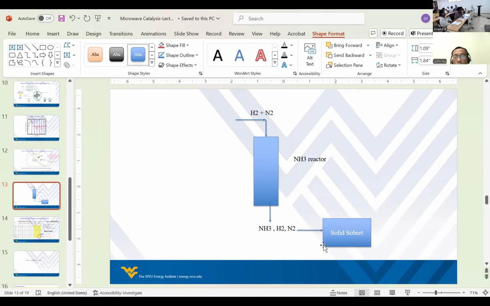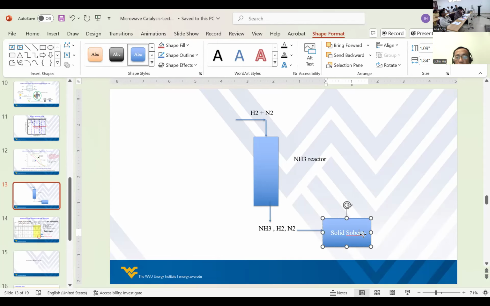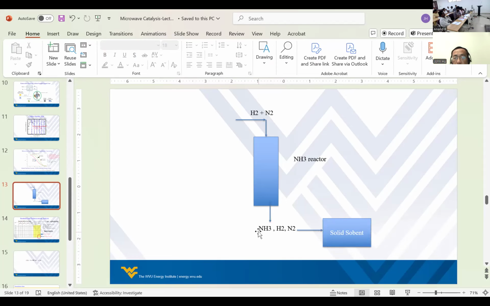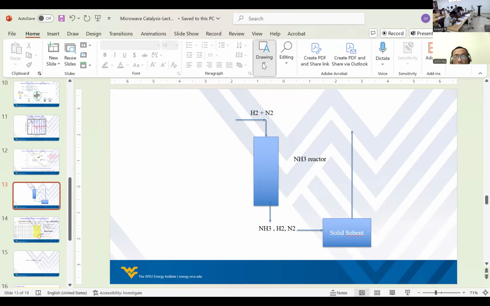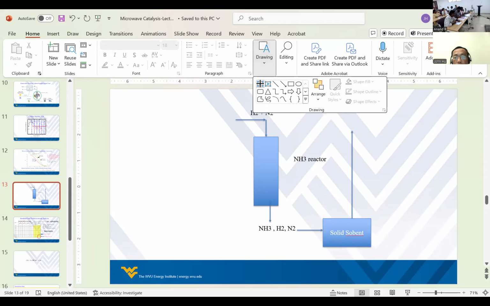The whole idea is you want ammonia to stay here, and hydrogen and nitrogen recycled.